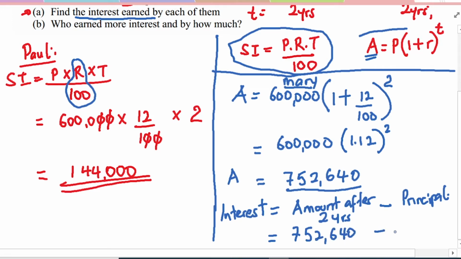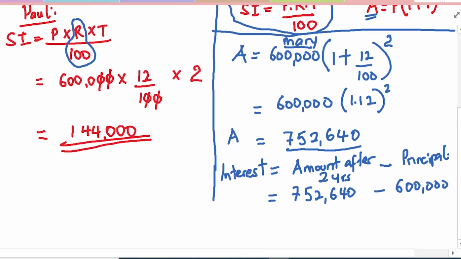Subtract the money she invested, the principal, which is 600,000. There we're able to get the interest, and the interest here is 152,640. So this is the interest Mary gets after 2 years, and this is the interest Paul gets after 2 years. And I think from here you can clearly see that Mary made more money.